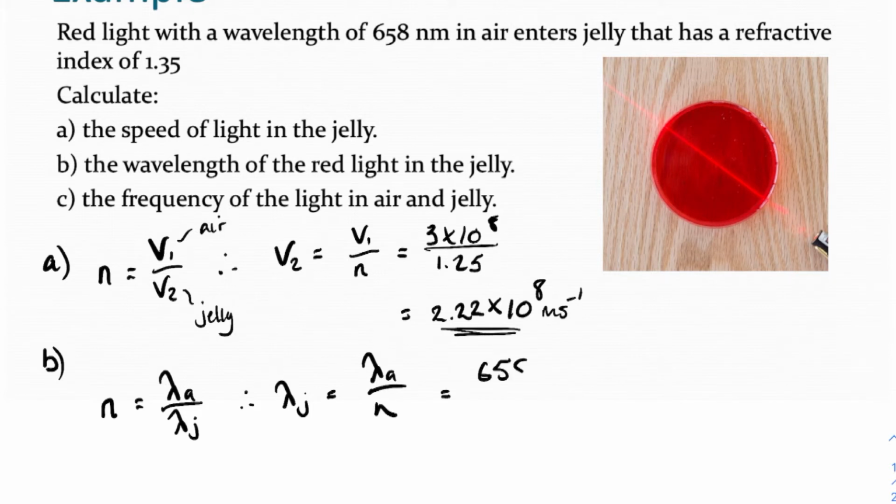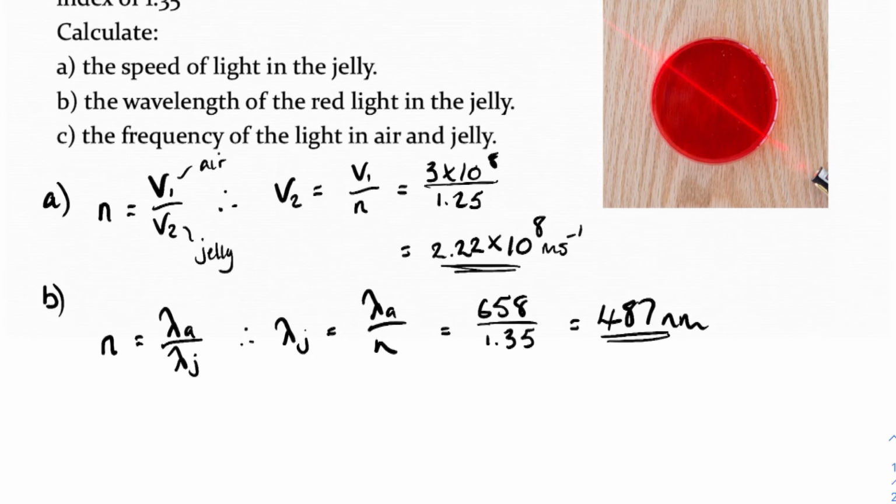Remember, these waves are going to bunch up, so they're going to get shorter in wavelength. So 658 divided by 1.35 gives us 487 nanometers. Now, I didn't put the 658 times 10 to the minus 9 into my calculator. I'm just going to do 658 divided by 1.35, as long as I remember that that is in nanometers.